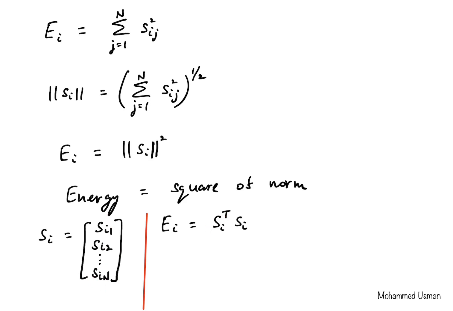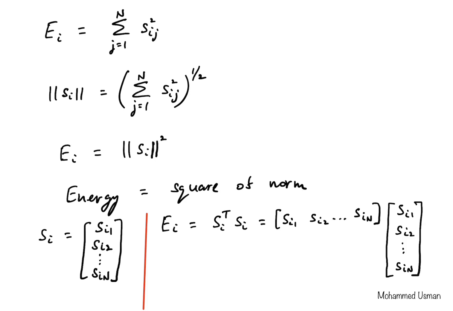Because this vector is defined as a column vector, the transpose is a row vector, Si1, Si2, and so on up to Sin. That row vector is multiplied with the original Si, which is a column vector, Si1, Si2 up to Sin.